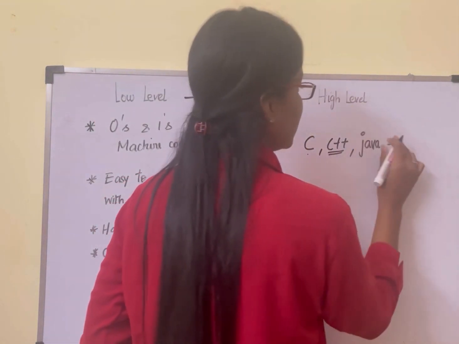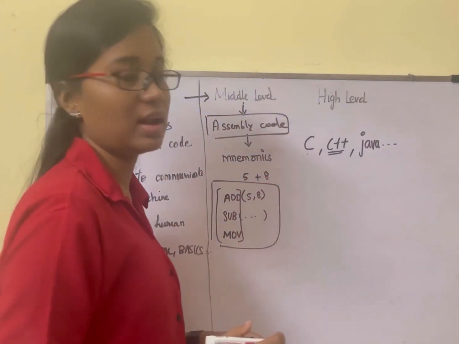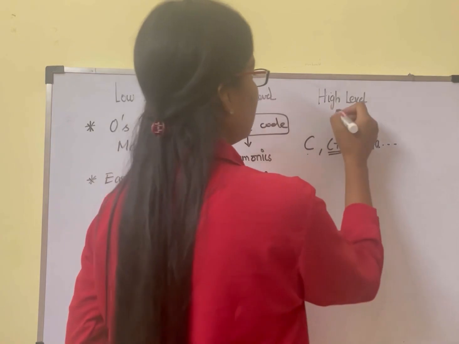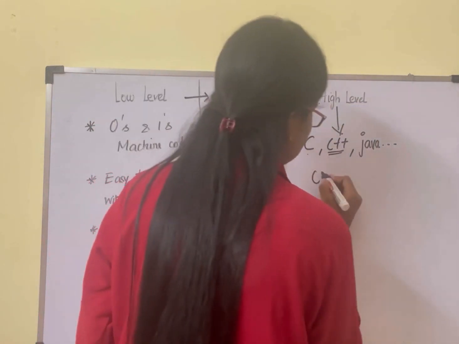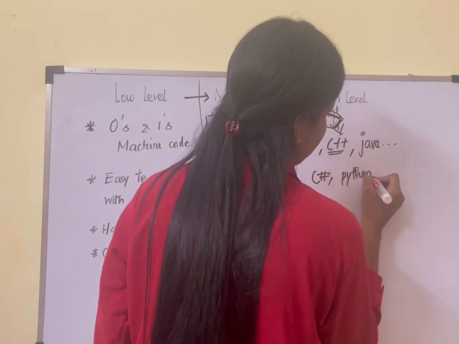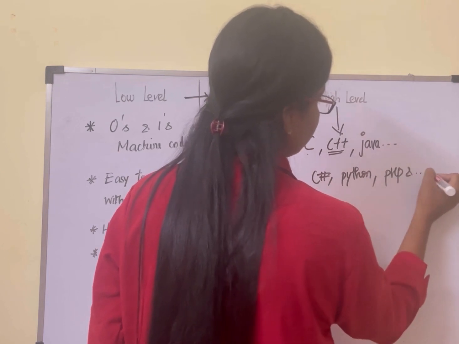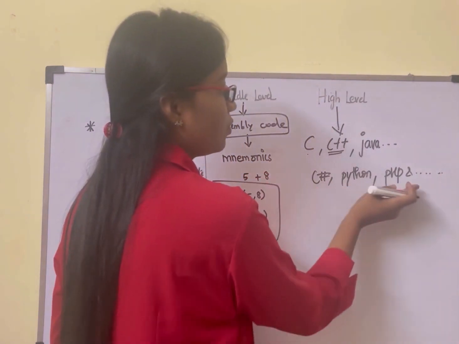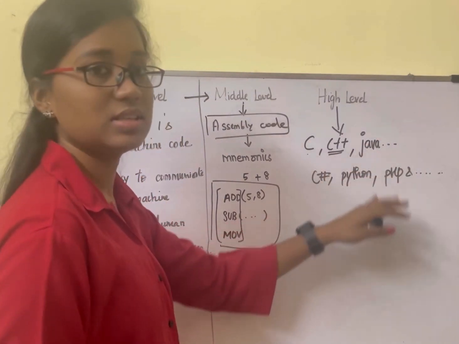So these languages were very close to human language. So it came under high level programming language. Then C#, Python, PHP, and so on got developed. So these languages were very efficient compared to C, C++, and Java.